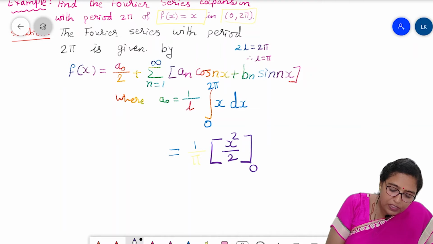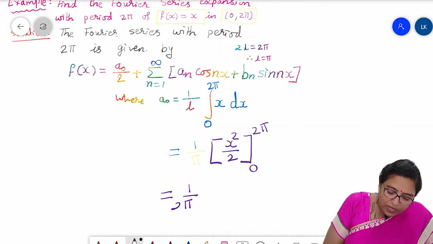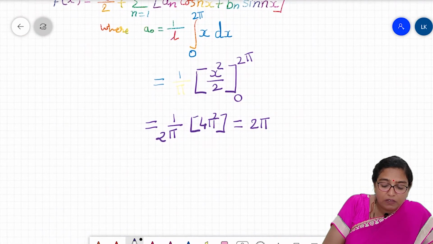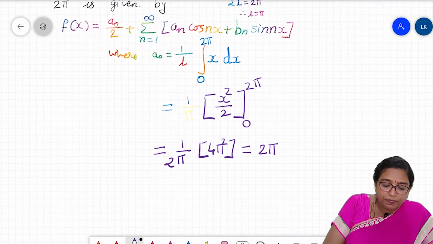The limit is 0 to 2 pi. Simplify. 1 upon pi, 2 is outside, 2 pi whole square, that means 4 pi square, equal to 2 pi. That means the coefficient a0 is equal to 2 pi.